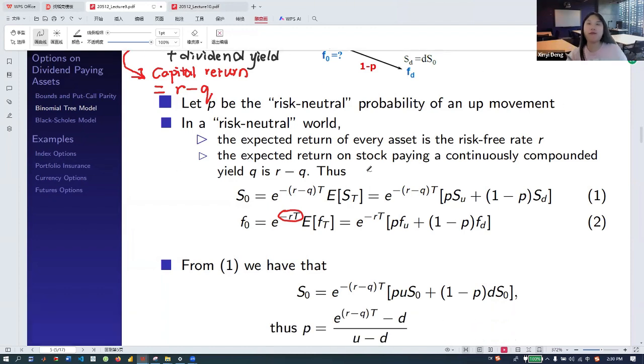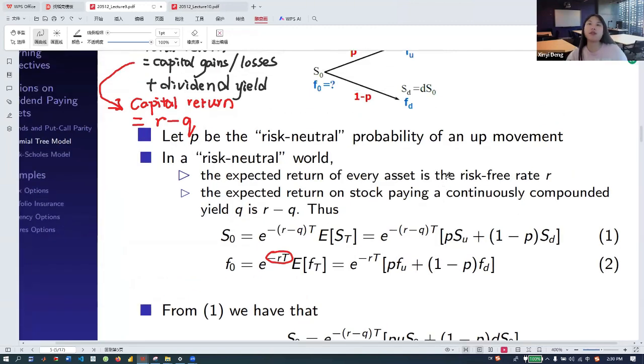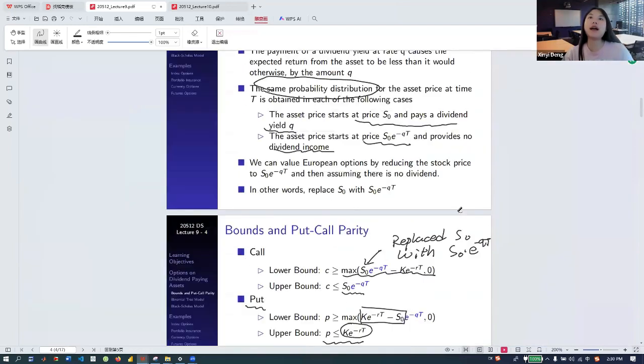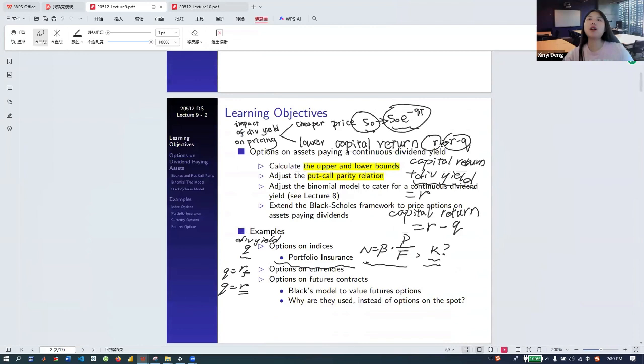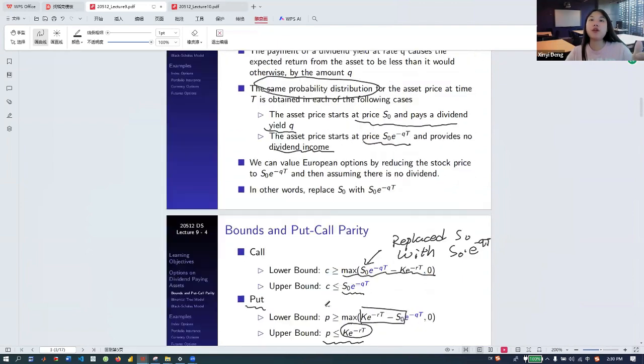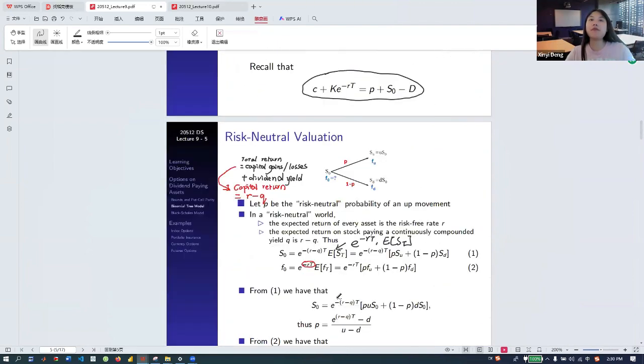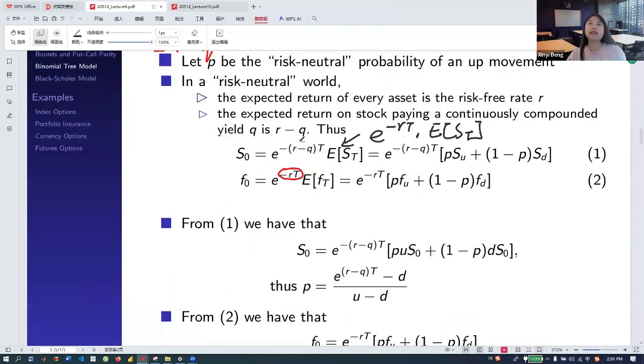For the original version without the dividend yield, it's e to the power of minus RT times the expected value of ST. Here, for the underlying asset, the capital return is lower. So instead of being R, it now becomes R minus q. Therefore, for this first equation of the binomial model, we replace R with R minus q for the spot.